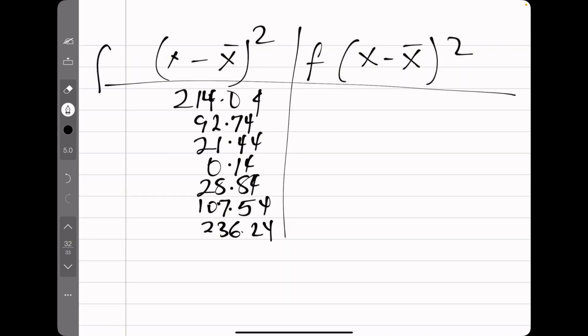And our f remains the same. Our f is 2, 5, 8, 12, 7, 4, 2, the total of 40.